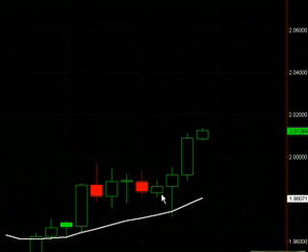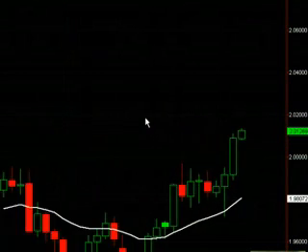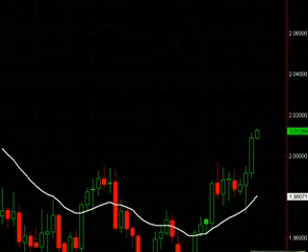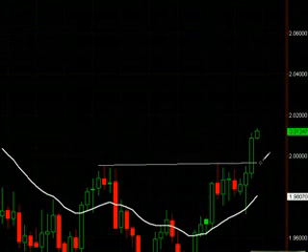Okay, and then what actually looked to have happened, we had a resistance region here. I'll just put that on so everyone can see. If we just draw a line through here, the market was encountering selling pressure. And what happens when the market tests a major sell level like that?